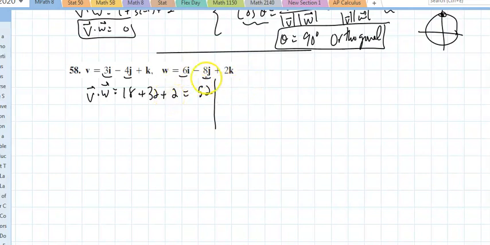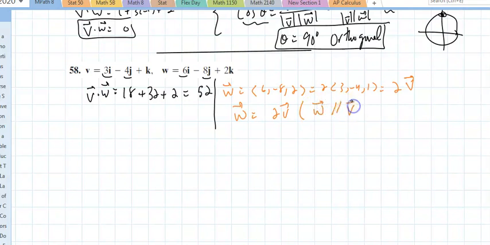So if I take w, which is (6, negative 8, 2), I notice that's 2 times (3, negative 4, 1), which means it's 2 times v. And if I could show that one vector is a multiple of the other, then what? We know that w is parallel to v.